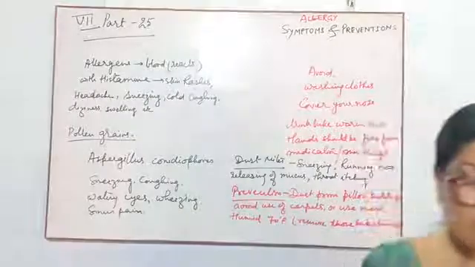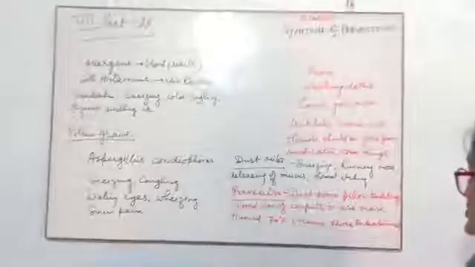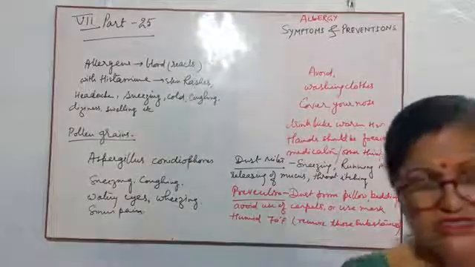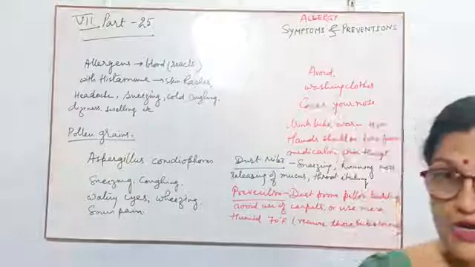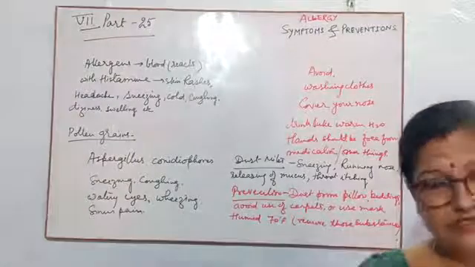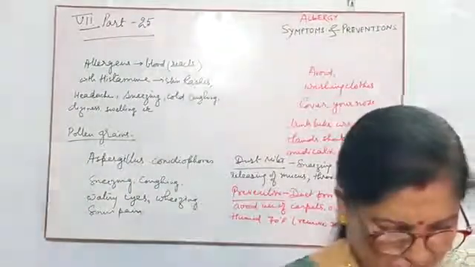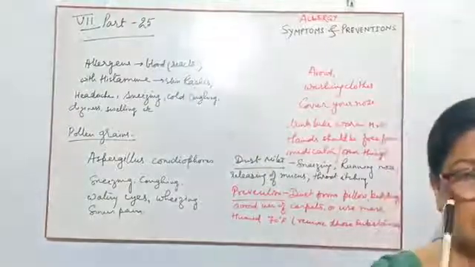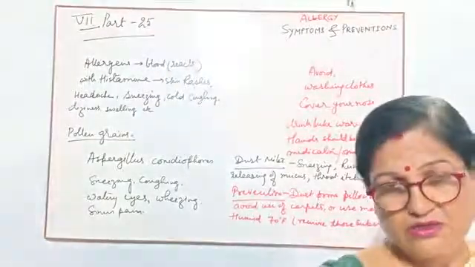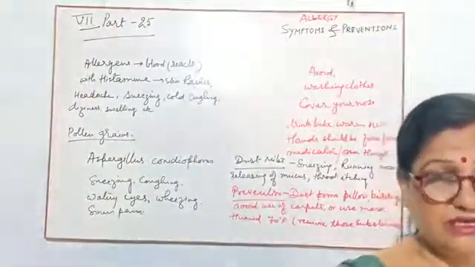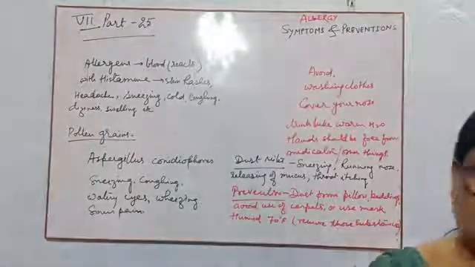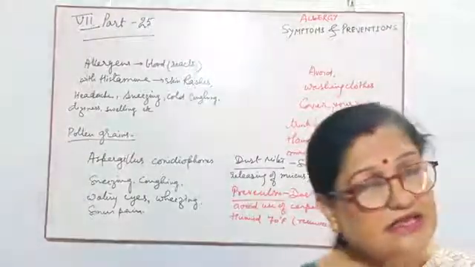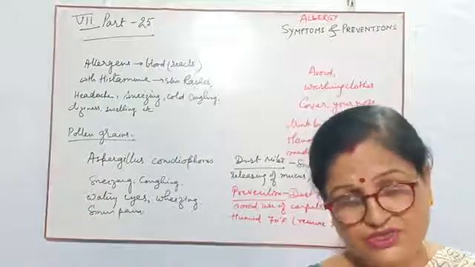Now children, we will talk about the prevention. Since it is dust mite, we have to avoid the area where there is dust. Dust mites mostly grow in humid places. If the dust is there and the temperature is about 70 degrees Fahrenheit, then dust mites can grow at that temperature.